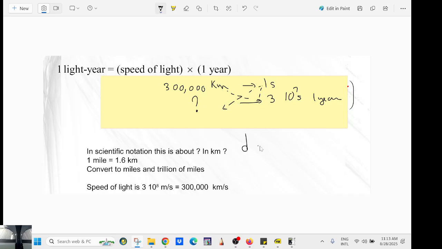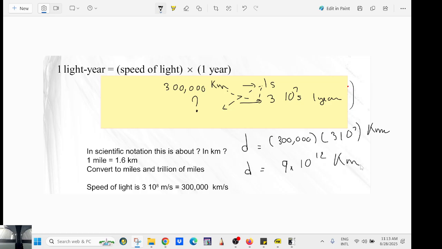You can do that with your TI or in your head, and you want scientific notation. 3 times 3 is 9. And then you have 10 to the 5 and 10 to the 7. So 7 plus 5 is 12.